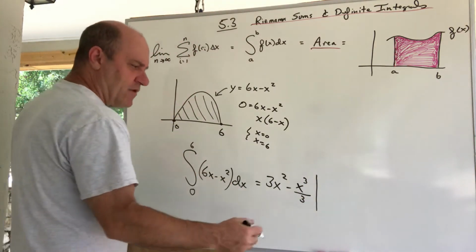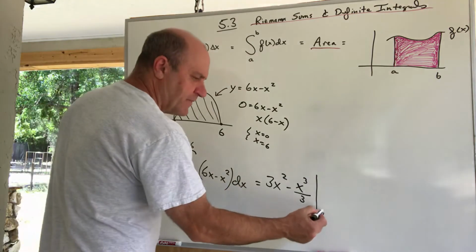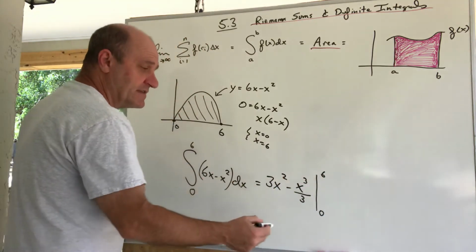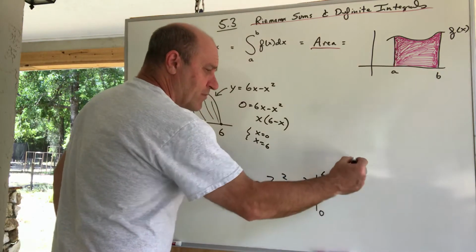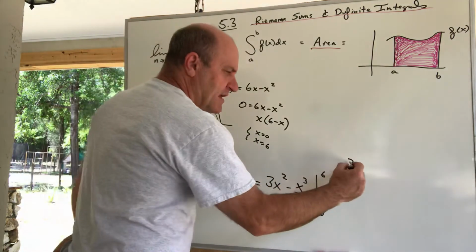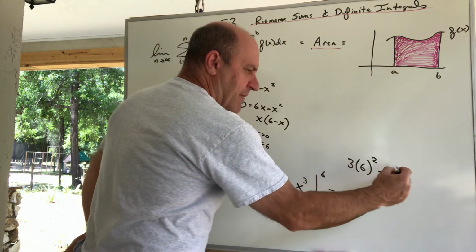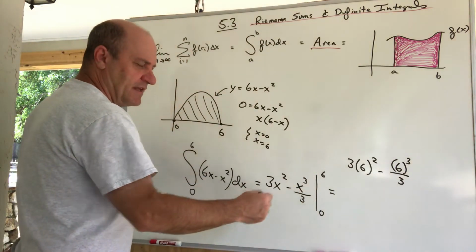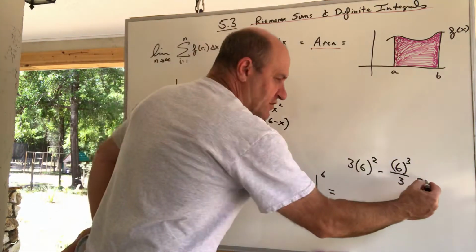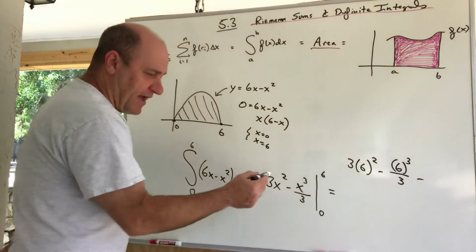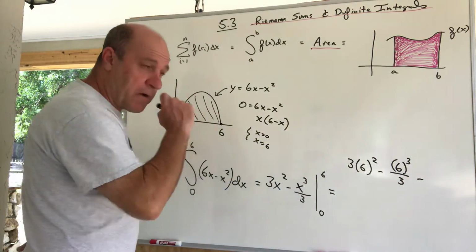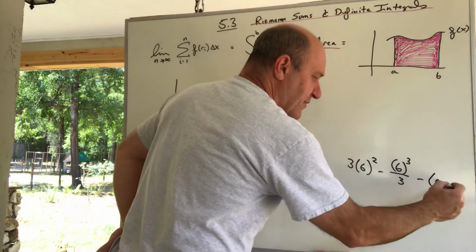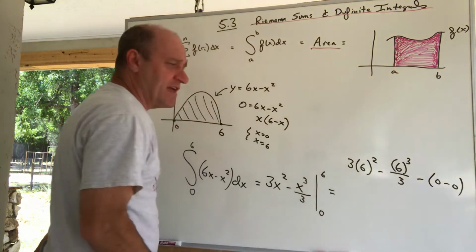I'm going to evaluate from 0 to 6. That means plug in the 6: 3 times 6 squared minus 6 cubed over 3. Minus, you're supposed to plug in a 0. In this case, I get a 0 and a 0. Be careful, you don't always get zeros there, but in this case there's nothing there.